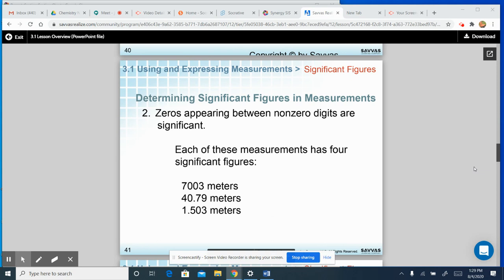The 40.79, all four of those digits are considered to be significant. And then 1.503, the 1, the 5, the 0, and the 3, all four are considered to be significant digits.